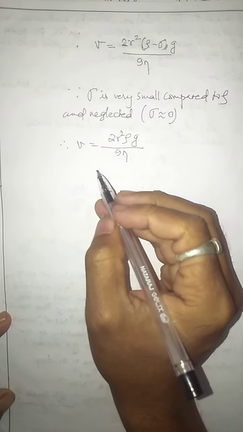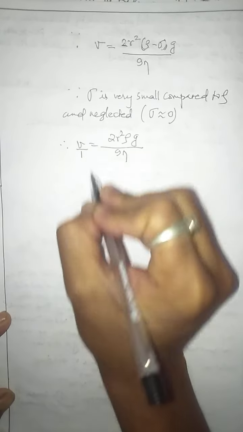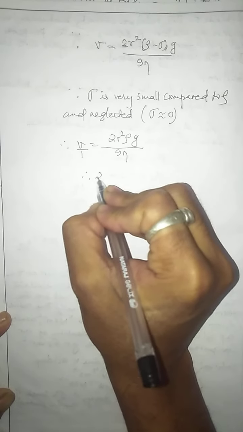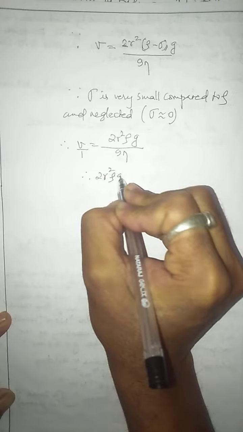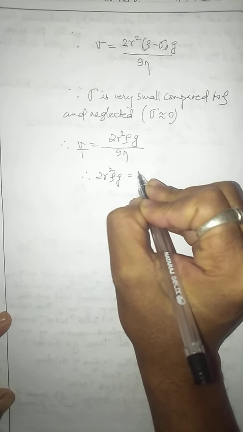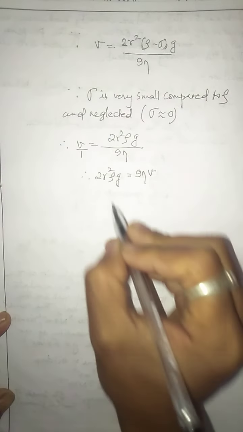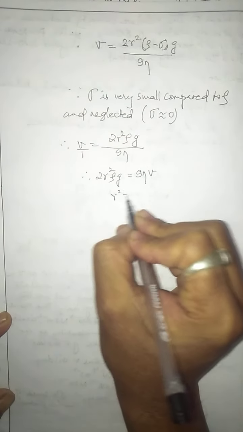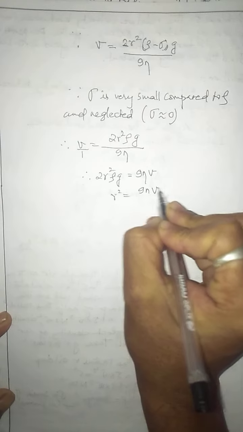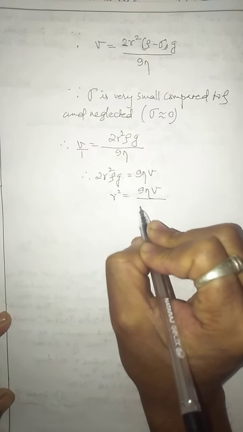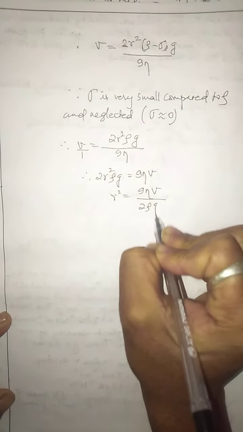Now from here what I need to calculate? r. So I just cross multiply, and I do 2r square rho g equals 9 eta v. So from here I write down r square equals 9 eta v by 2 rho g.